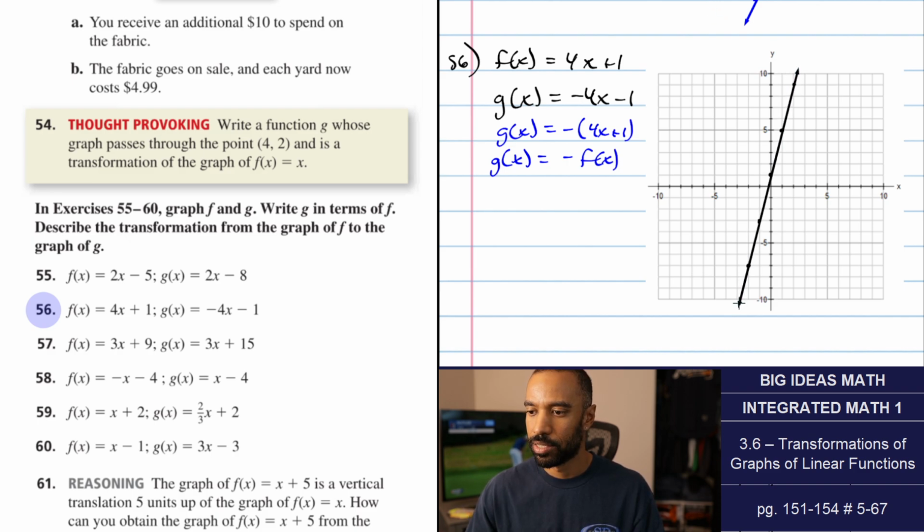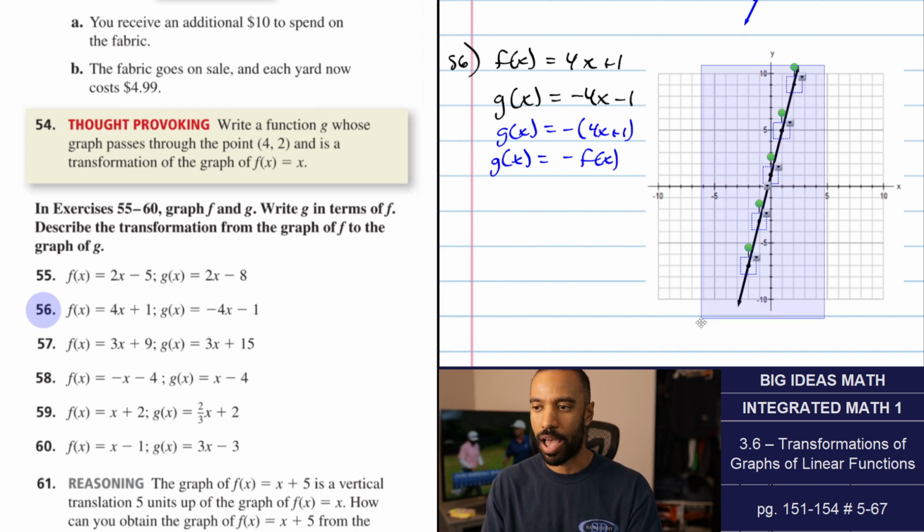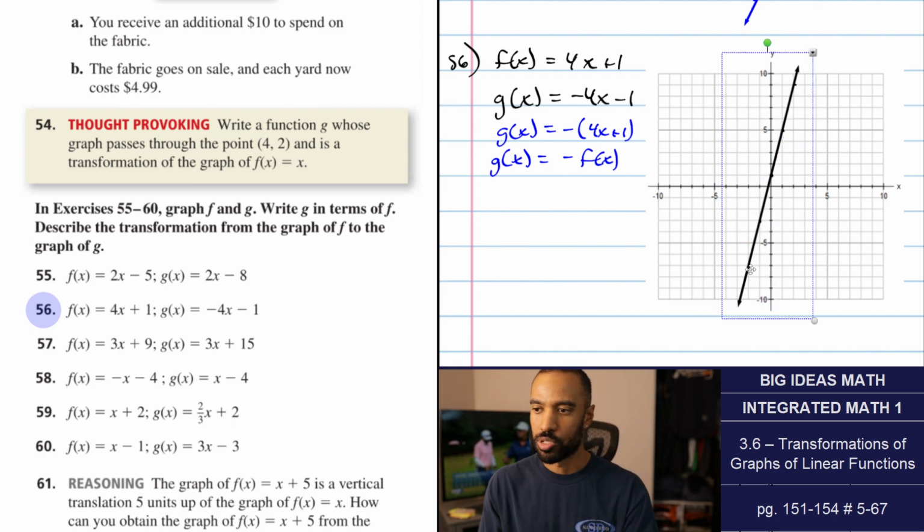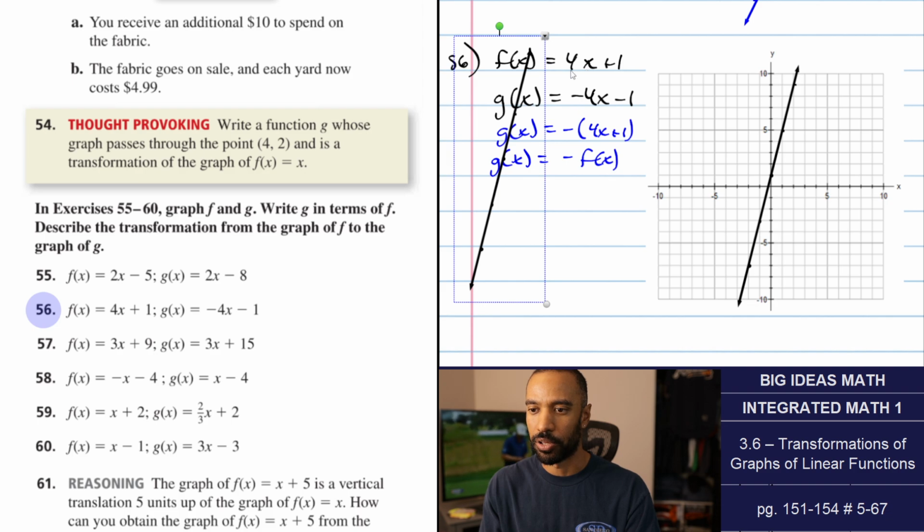What's my line? It's this guy right here. I want to take this graph and reflect it over the x-axis. In doing so, I should hopefully get the graph of my dreams, the graph that I've been waiting for my entire life.